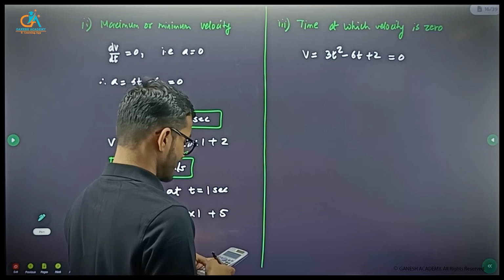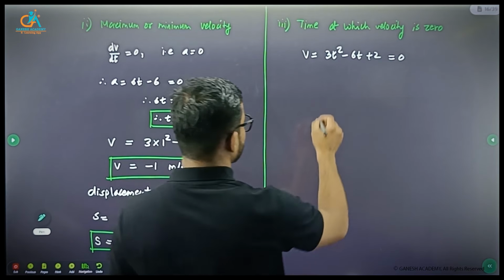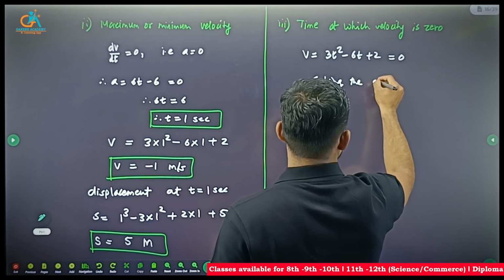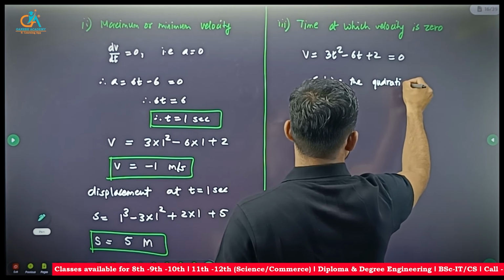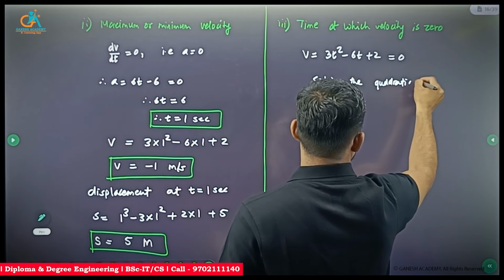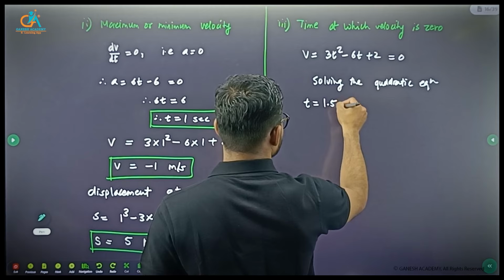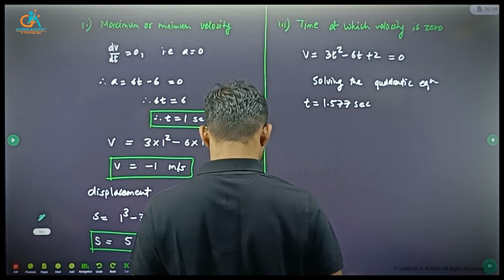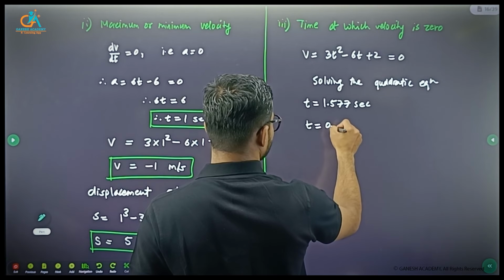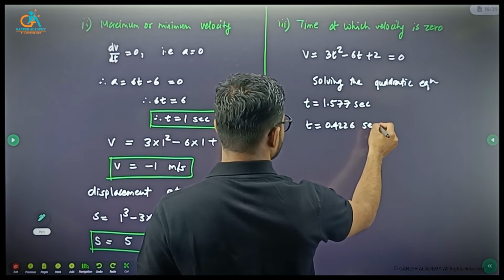So we will get one value as 1.577 seconds, and the other instant is 0.4226 seconds.